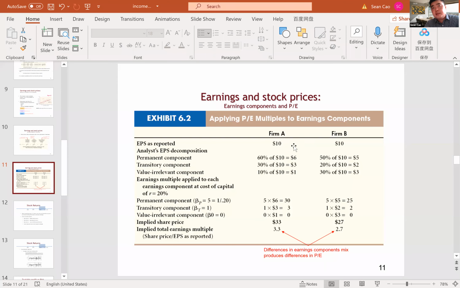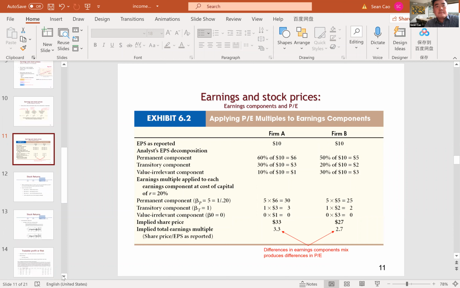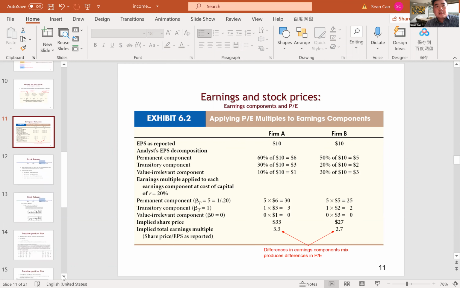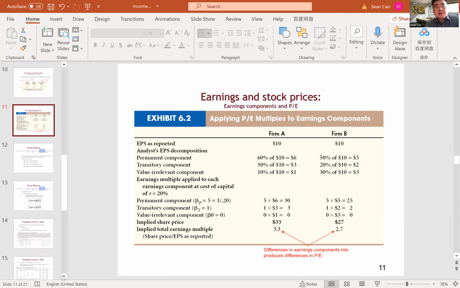The message here is even though both companies make $10, you have to look at the decomposition of the firm's earnings. You want to look at where the $10 is coming from. This is about income statement analytics.